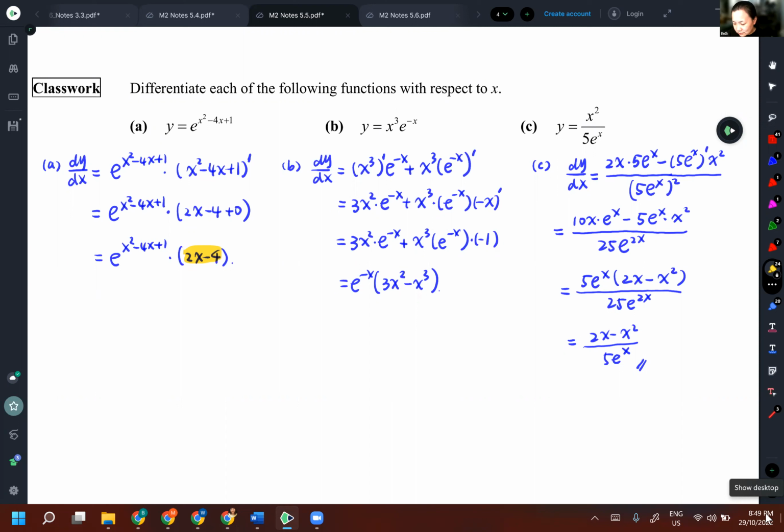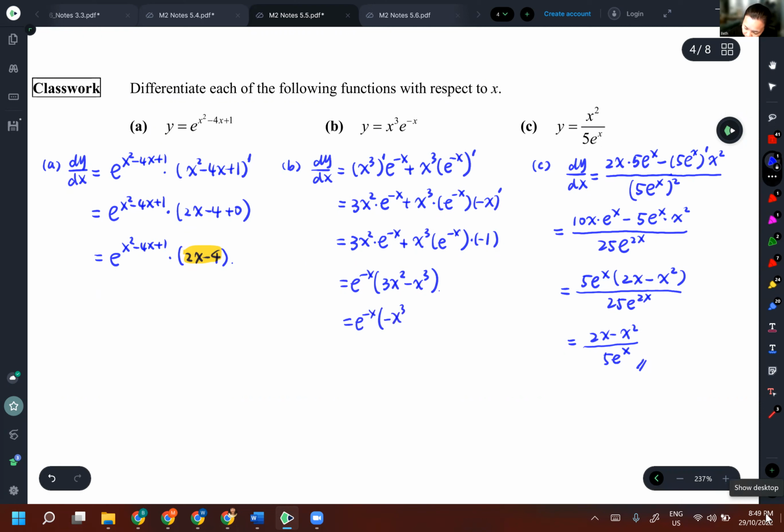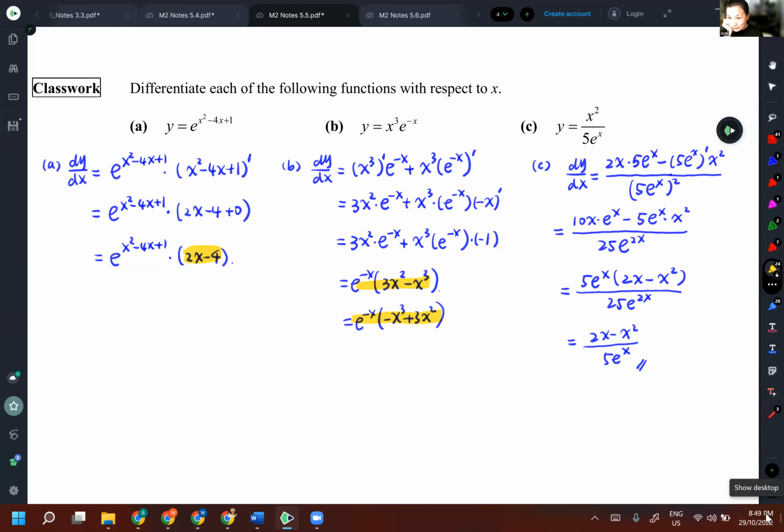And I think Bailing's answer is also correct. I think she rearranged it like this. It's fine now, because there are only two terms, so it's not a big deal.